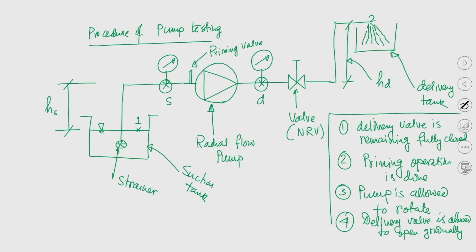Again, as we have discussed, the cross sectional area of the suction tank is much larger than the cross sectional area of the suction pipe, which is very small. So we can trivially ignore the flow velocity. Basically, the change in height in the suction tank will be very small, and point 1 is open to atmosphere, so that is the atmospheric pressure.